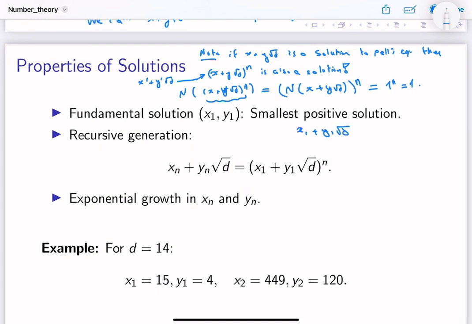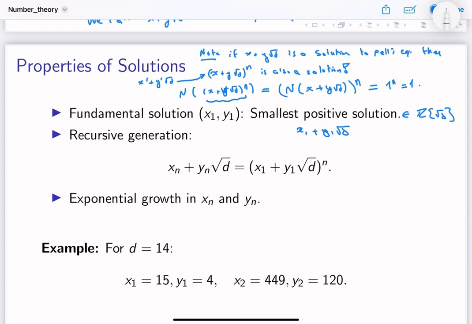So this is basically the element of Z[square root of d] that is the smallest, if we omit the trivial solution, of course. We pick the smallest such element, and we call it the fundamental solution.